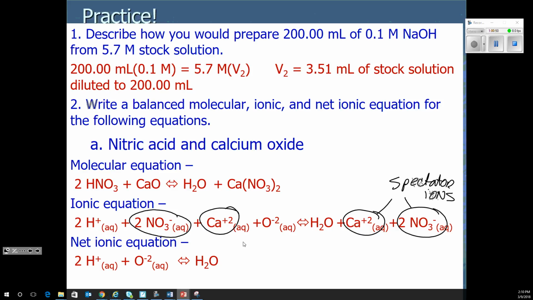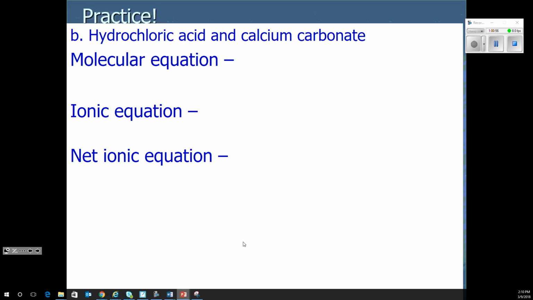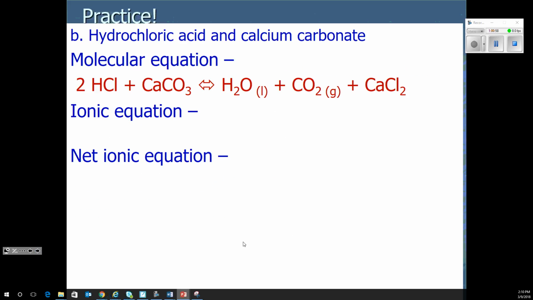I'll even help you with the first part of the equation, because carbonic acid, H2CO3, breaks down quickly into water and carbon dioxide. So we usually never write carbonic acid, because it breaks down immediately to carbon dioxide and water.